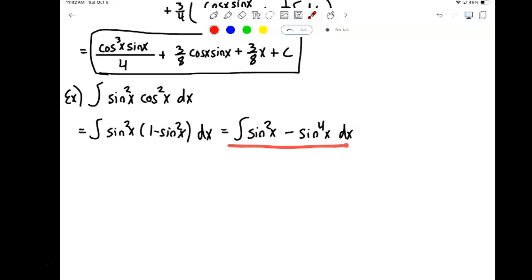We still have some work to do, but compared to the alternative, the reduction formula is much quicker. So we'll work out the integral of sine squared, being the smaller one. Then we'll turn to sine to the fourth, and because of how the reduction formula is set up, sine to the fourth will come back and involve the result we've gotten for sine squared.